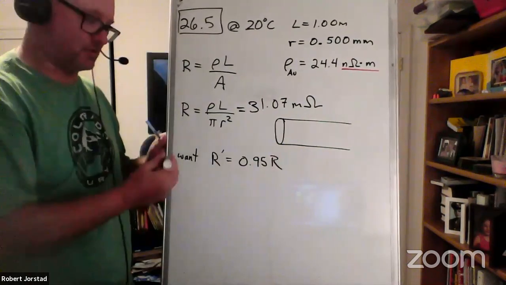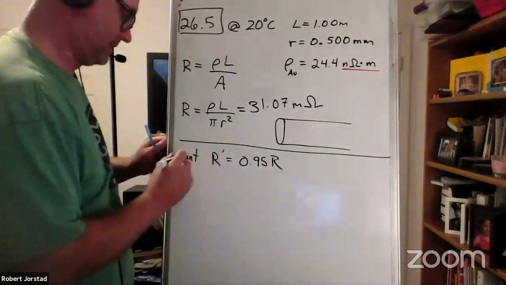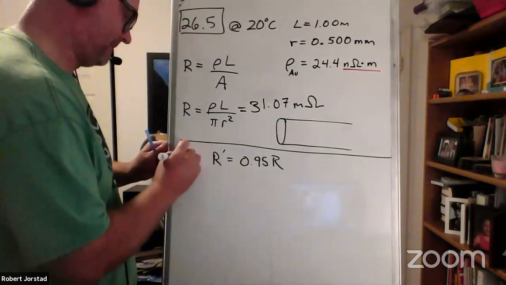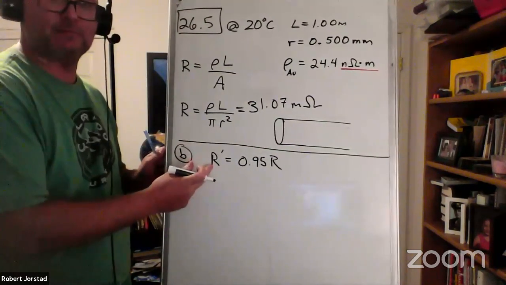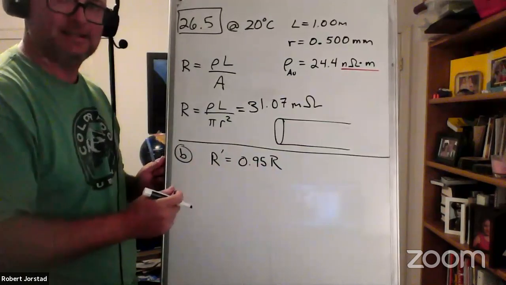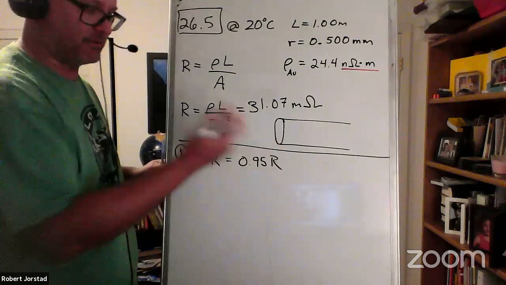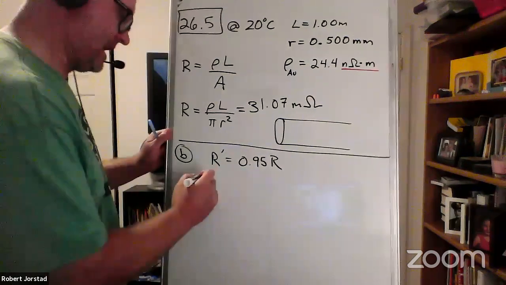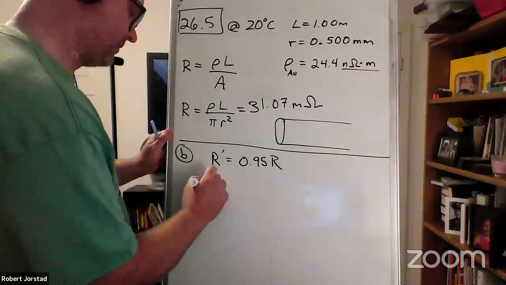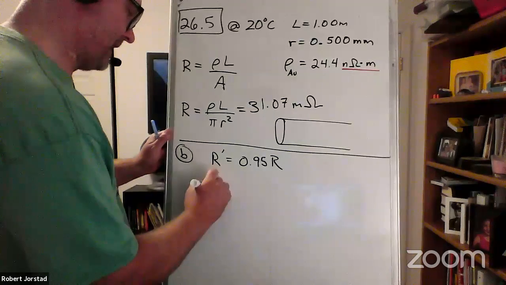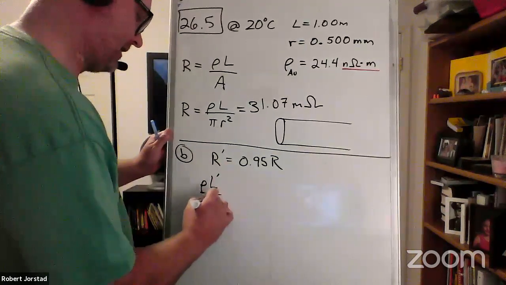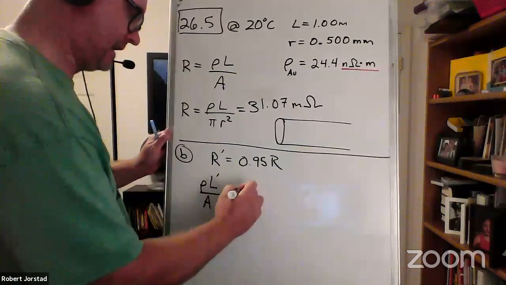So that's what this question makes me think. In part B, I want R prime to be 5% less. So 5% less would be 95% of the original resistance. So in this case, I would just do this. Rho L prime over area. We're only changing the length.